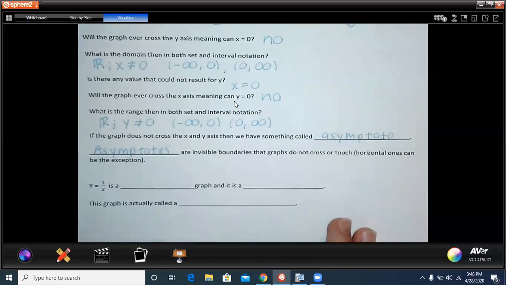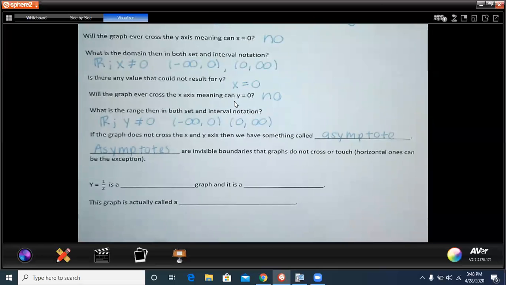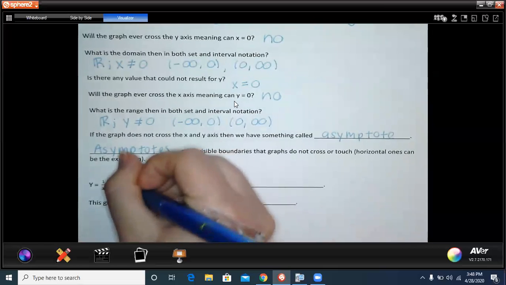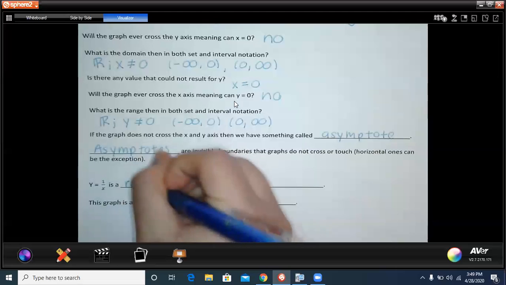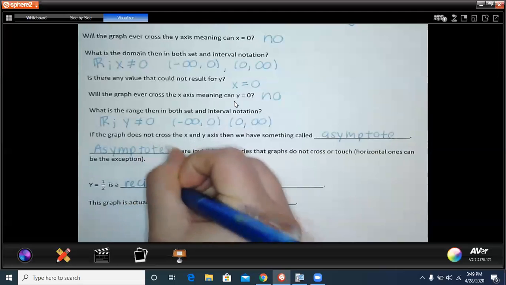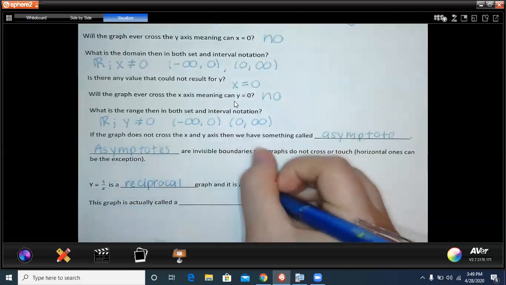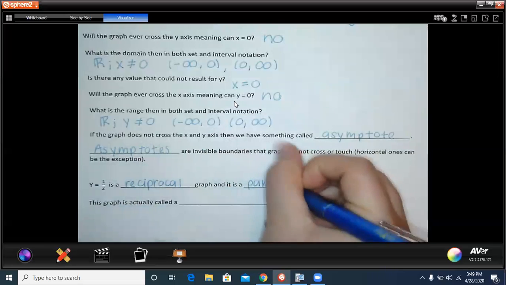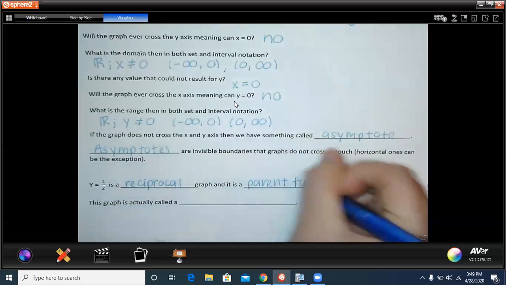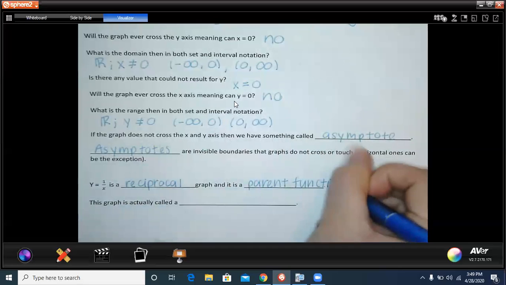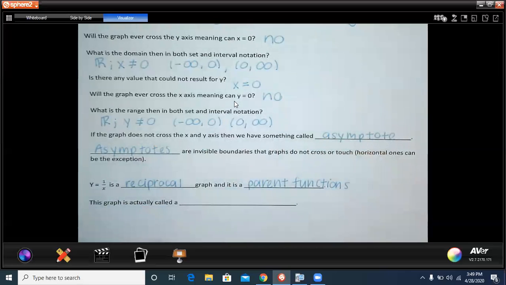All right. Then it says y is equal to 1 over x is a reciprocal graph, and it is a parent function. So remember, parent functions are just the original with no change made to them yet, which is exactly what is happening there.